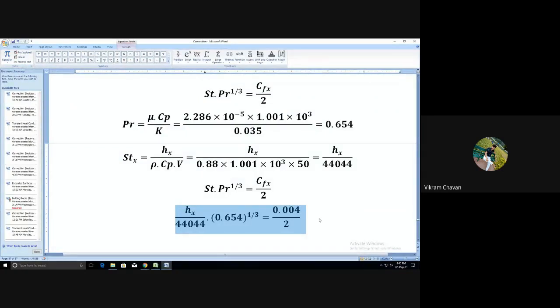But we have to remember the formulas for dimensionless numbers. That is important, and don't forget the concepts. Concepts are important also.